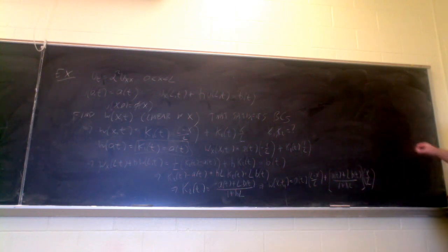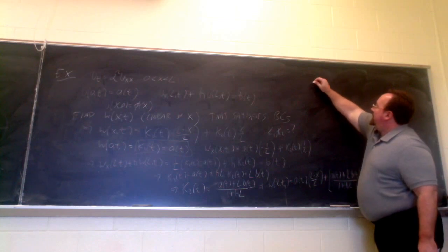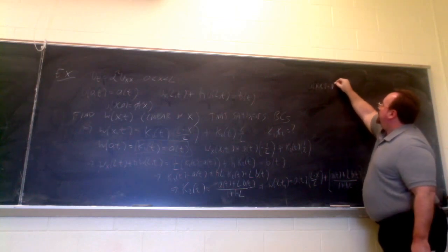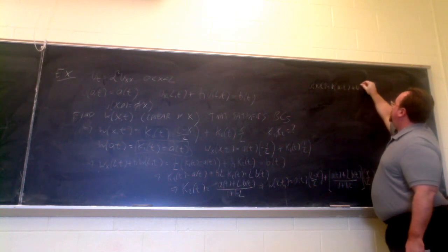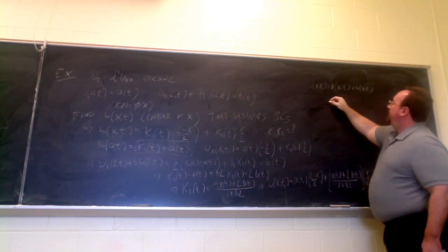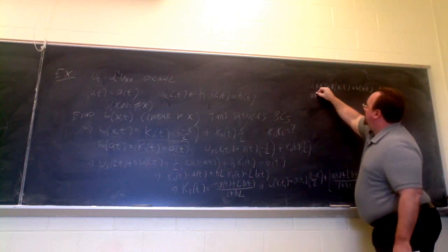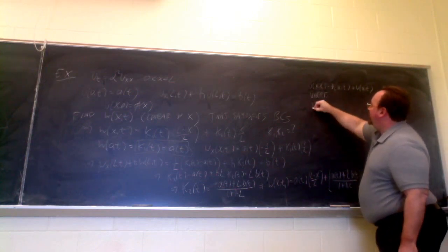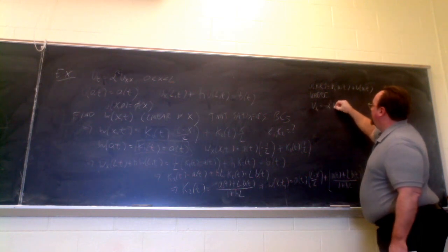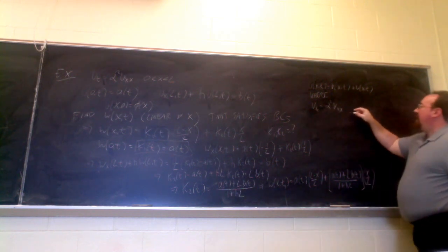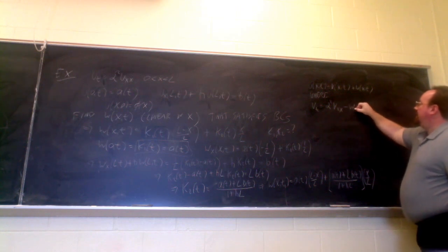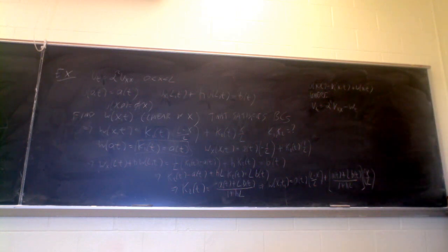But to finish things off, I need to do the same thing as before. U of x,t is equal to v of x,t plus w of x,t. I have w of x,t. What about v? What problem does that solve? Homogeneous boundary conditions. So v_t is equal to alpha squared v_xx. However, I need to subtract off w_t. I didn't need to do that before because w_t was 0, so there was nothing to subtract off.